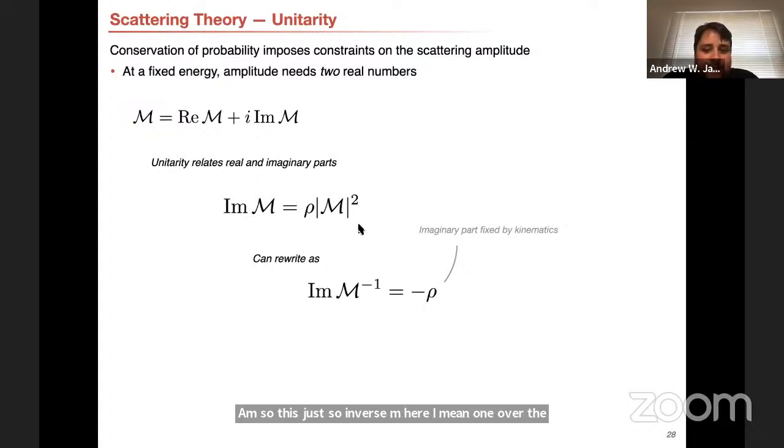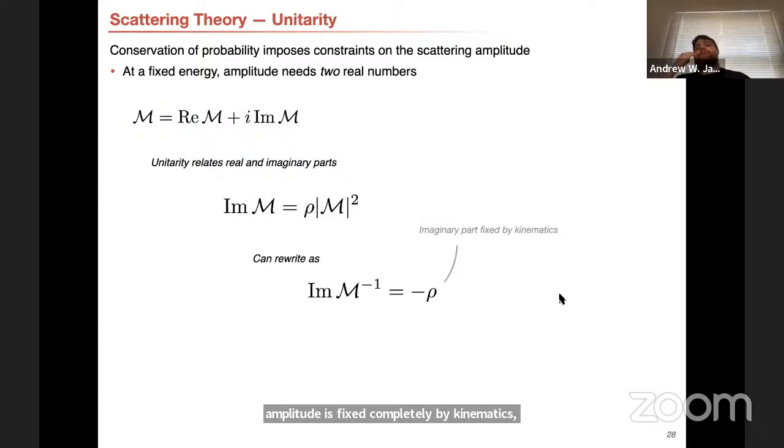You can see it quickly by dividing by the modulus squared on both sides, and then using properties of complex conjugation and the imaginary part to reduce this to the inverse m. What we see here is that the reciprocal or the inverse of the scattering amplitude, I'll use those interchangeably, I won't be too stringent on mathematical language, has an imaginary part equal to minus rho. So the imaginary part of this inverse scattering amplitude is fixed completely by kinematics.